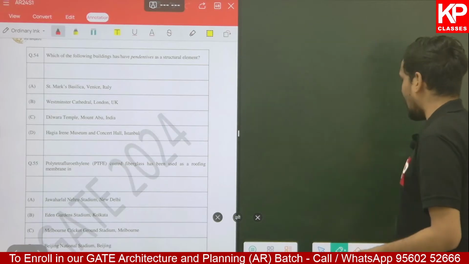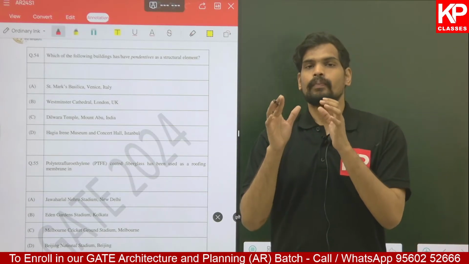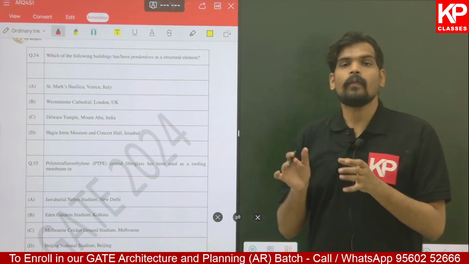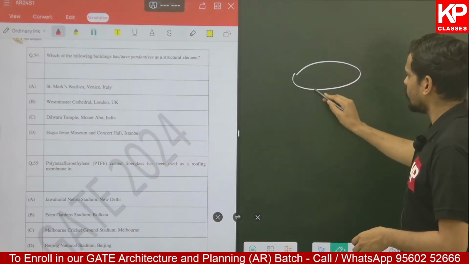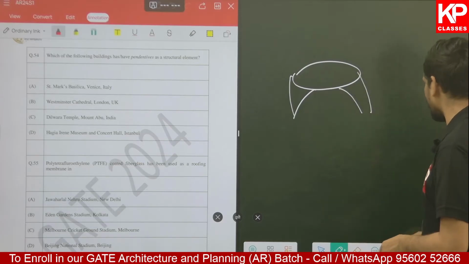I'm sure you all are aware, pendentives are concave triangular sections which basically support a dome and transfer the load of a circular plan dome onto a square plan. Because a dome has a circular plan, in order to transfer the load of the dome onto 4 points, you use these triangular sections.